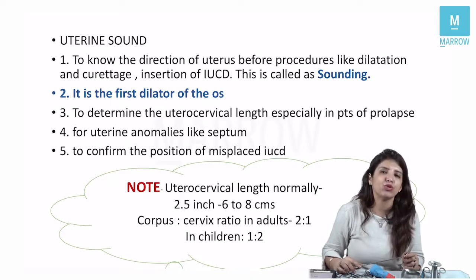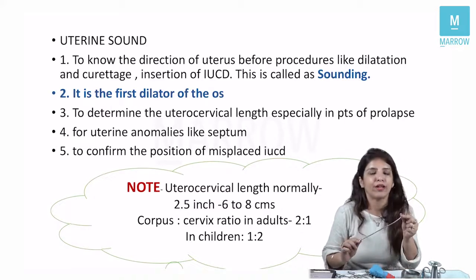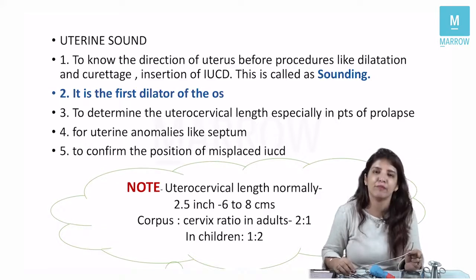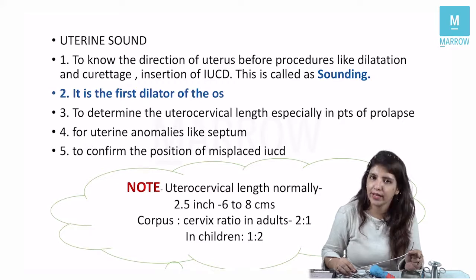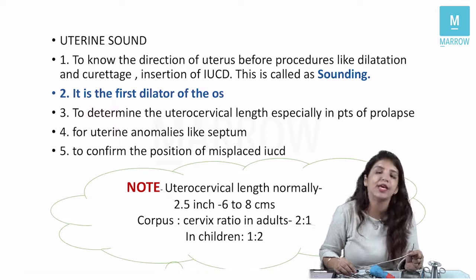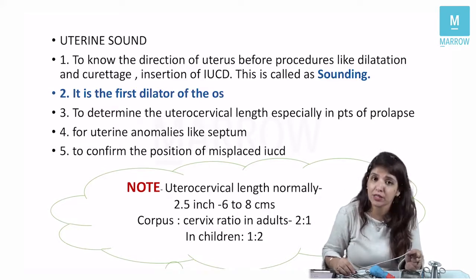Now let's talk about the viva questions which can be asked on the uterine sound. Number 1, final year students, when you are holding the uterine sound, the first thing the examiner can ask is, what is the normal uterocervical length? Remember, the normal uterocervical length is 2.5 inches. In other words, in centimeters, it is between 6 to 8 centimeters.